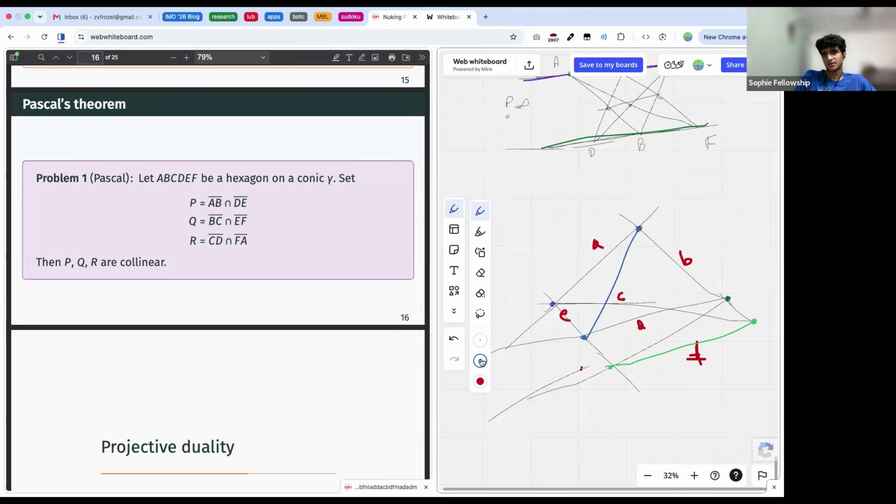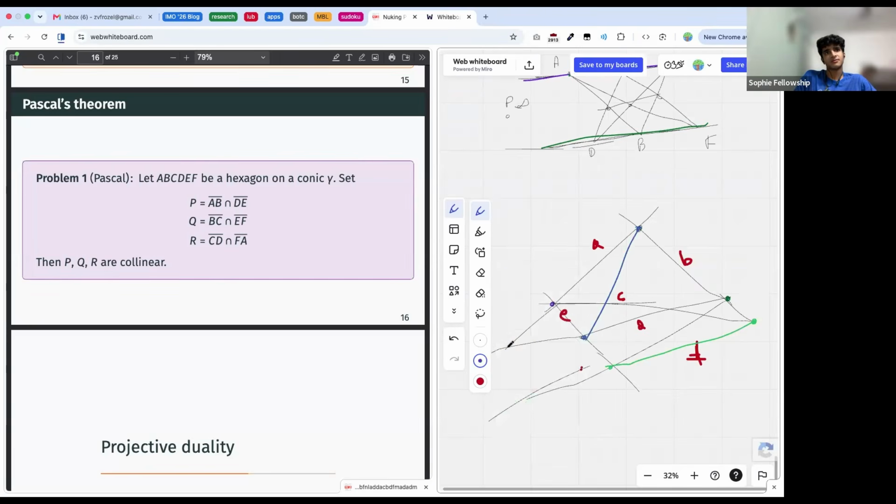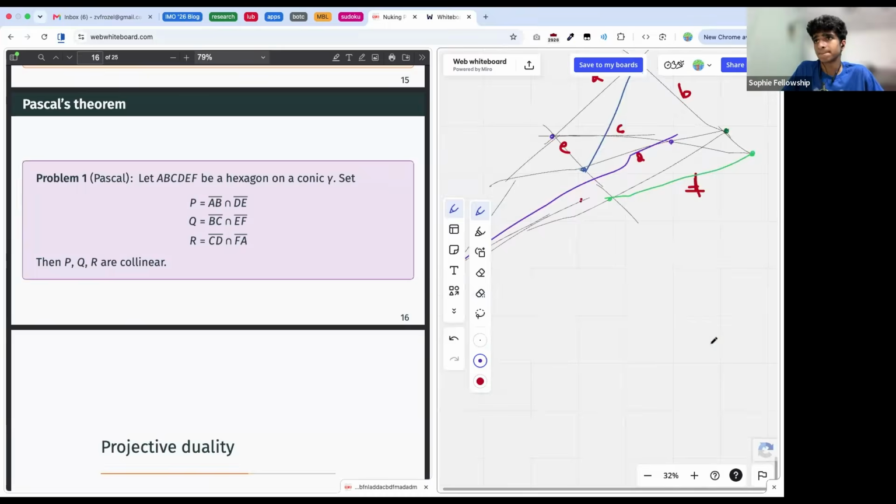And finally, I'm going to take the line joining the intersection of A and CD and FA. So F and A are going to intersect in some faraway place, let's say over here. Then it's saying that the blue line, the green line, and the purple line are concurrent. Hopefully that's clear from the picture. This is a horrible picture, but that's fine.